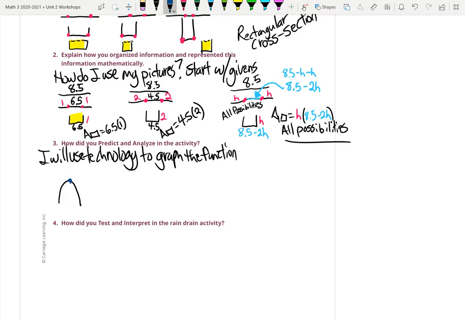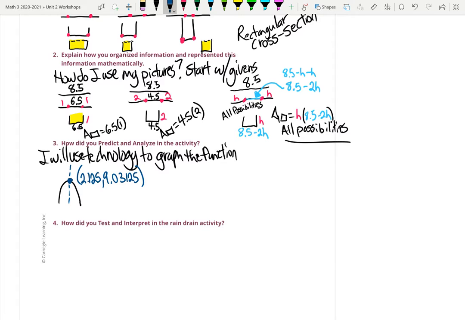It's going to have a vertex, which is also the axis of symmetry. And this point is 2.125, comma 9.03125. That's it without rounding. Desmos will usually round it to 3 digits automatically. So, okay, I will use technology to graph the function.